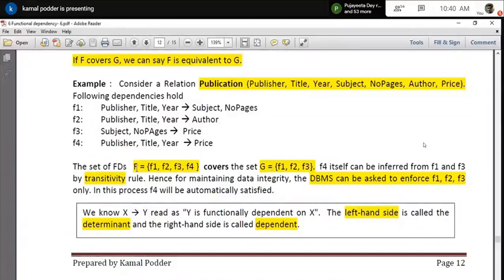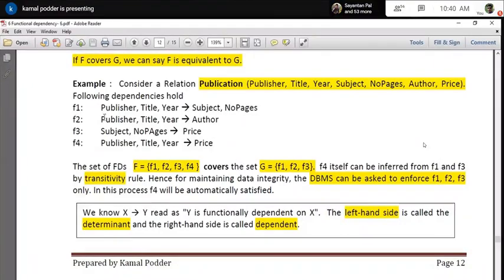We can say that you have identified these, so it is given. Now if I try to find out, we'll see that this F covers this set, because F4 itself can be inferred from F1 and F3 by transitivity. We have to apply the Armstrong rules one by one.